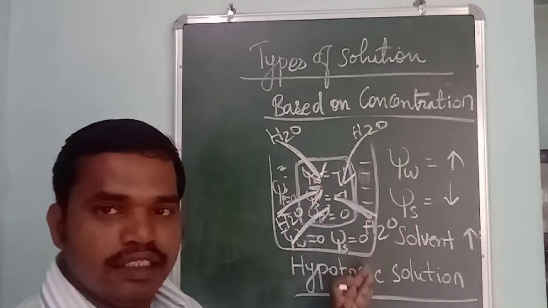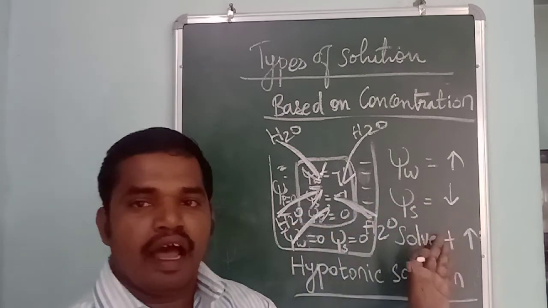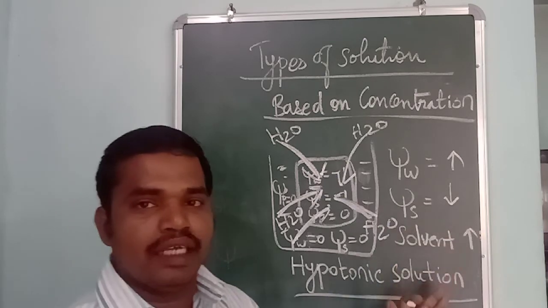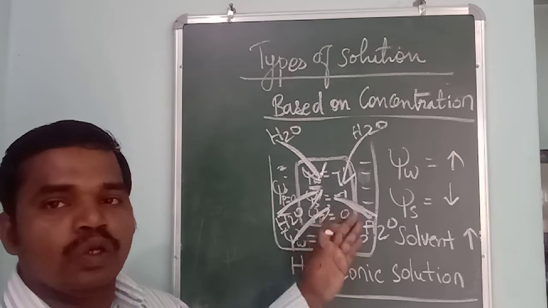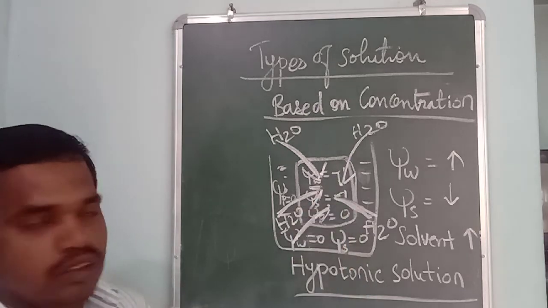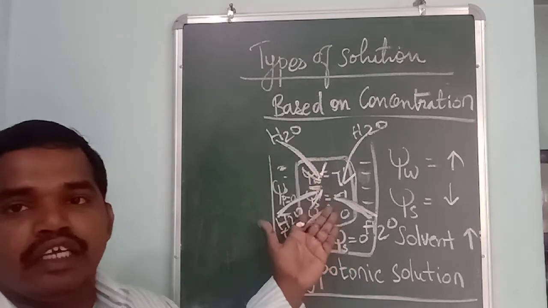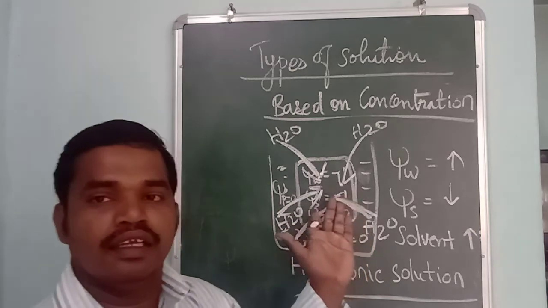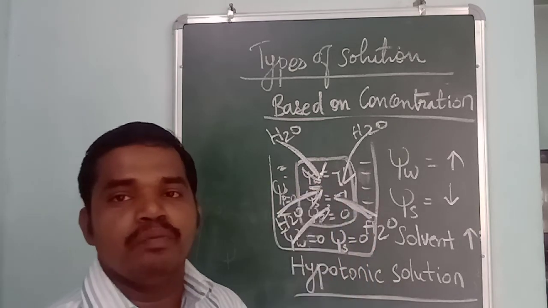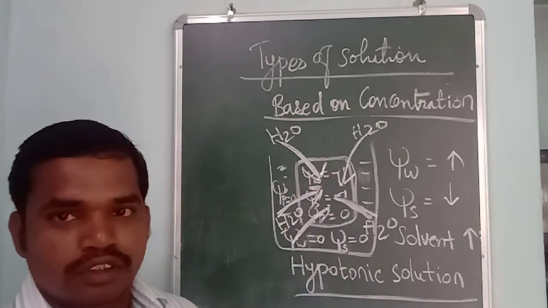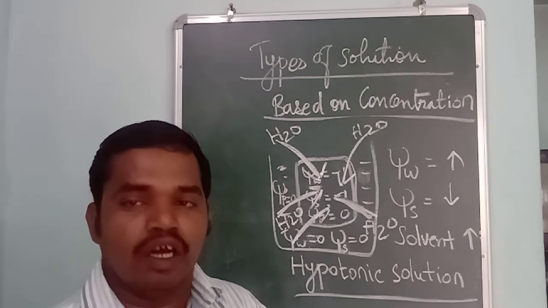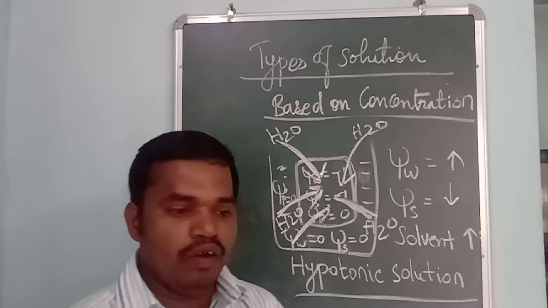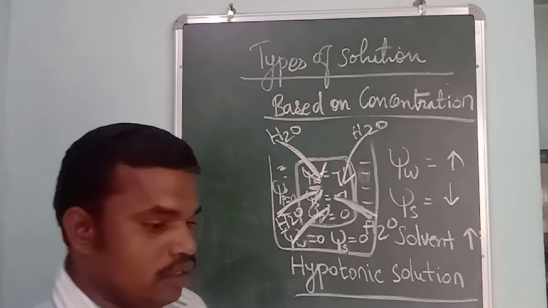Since this solution has high water potential, high solvent and low solute, the water molecules enter into the cell and thereby the cell bulges out. The cell absorbs more water molecules. What will happen if it bulges out?